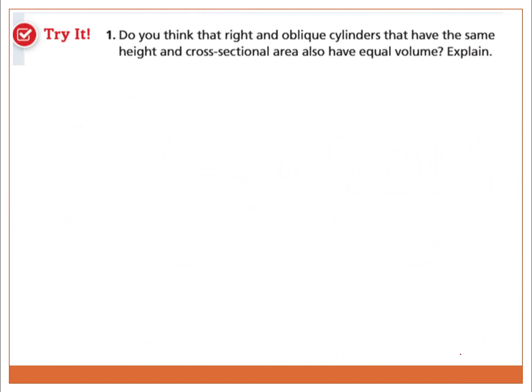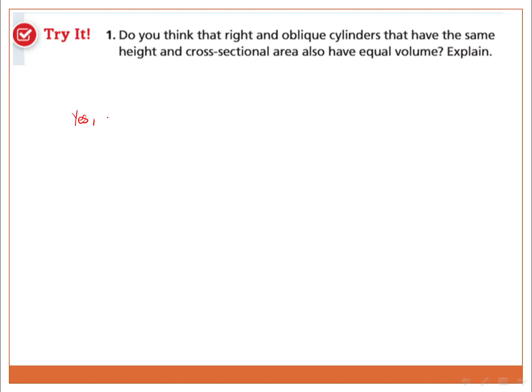Okay, so here he asks you, do you think the right and oblique cylinders that have the same height and cross-sectional area also have equal volumes? Do you think this one is also equal? Yes. Why? So we are going to write here, yes. Why are they equal?